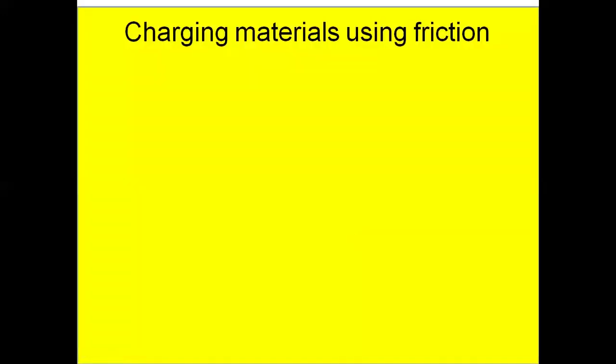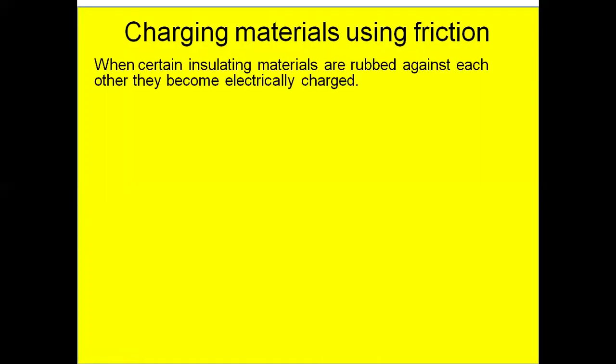Charging material using friction. When certain insulating materials are rubbed against each other, they become electrically charged. Electrons are rubbed off one material onto another.